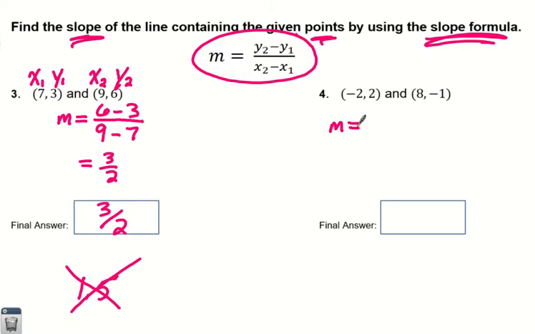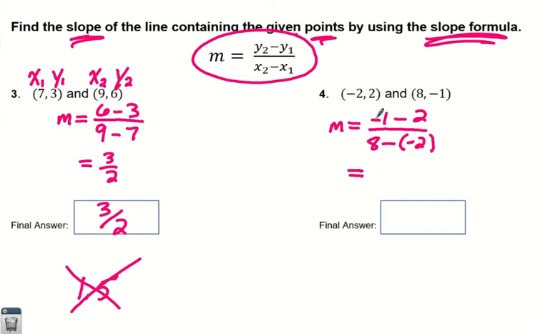Same thing for number 4. This is my y2. This is my y1. This is my x2. This is my x1. So it's 8 minus -2. Remember, there's a minus in the formula, and if x sub 1 is negative, then it's minus minus.